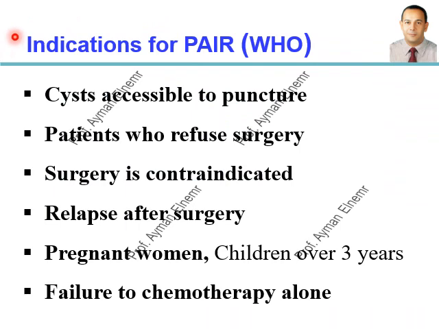Indications for the PAIR technique according to the World Health Organization: cysts accessible to puncture, patients who refuse surgery, surgery is contraindicated, or relapses after surgery, or a pregnant woman, and children over 3 years, and failure of chemotherapy alone.